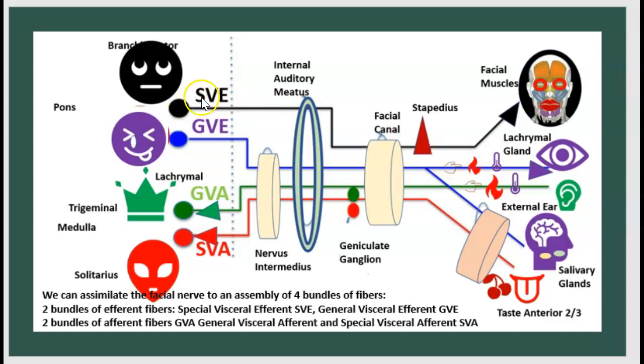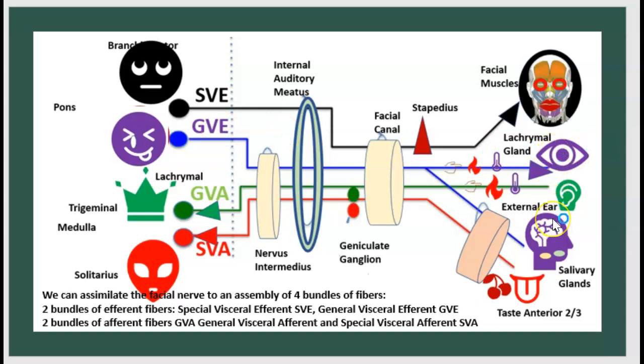Efferent fiber is SVE, coming from the branchiomotor nucleus to muscles of facial expression. GVE comes from the lacrimosalivatory nucleus to the lacrimal gland.